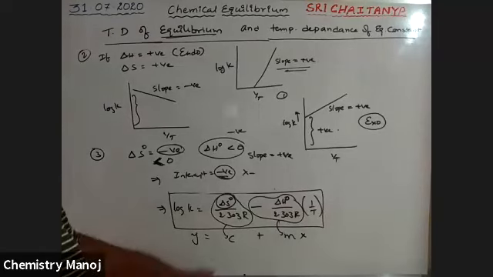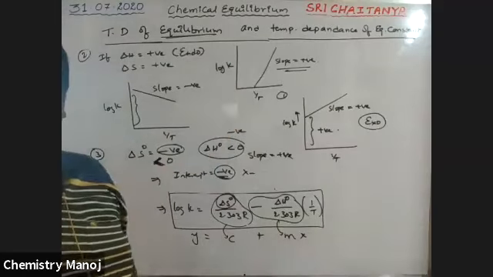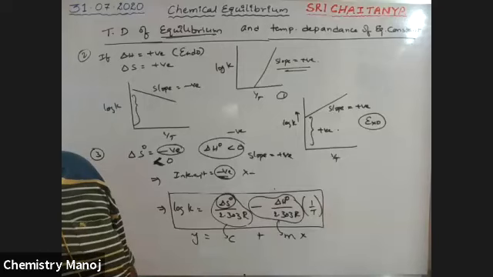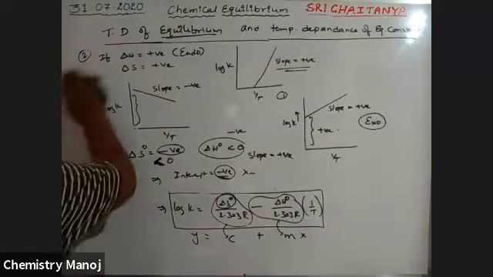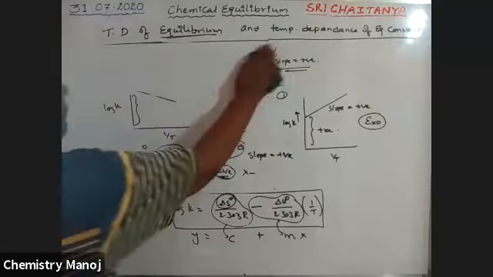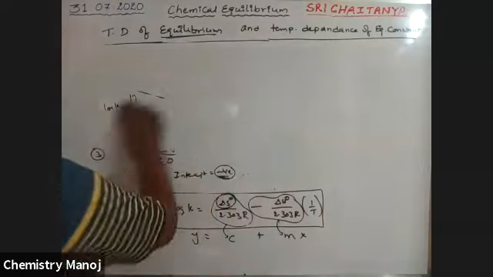Okay. So now by using this equation, I am trying to calculate how this K value varies at different temperatures. So see here, I'm explaining the effect of temperature on the equilibrium constant.